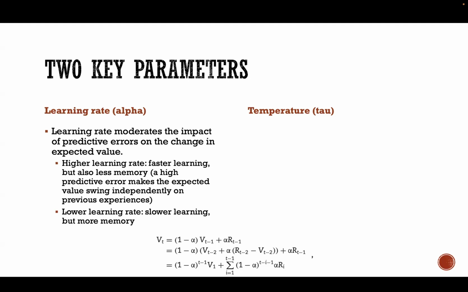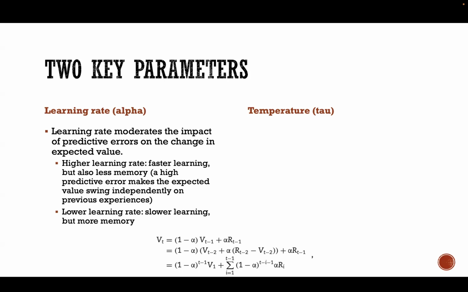which can be unpacked because the expected value of t minus 1 is something that we calculated with the same formula. So we can unpack it here. And then we can do that recursively until we get to the beginning of the trials.